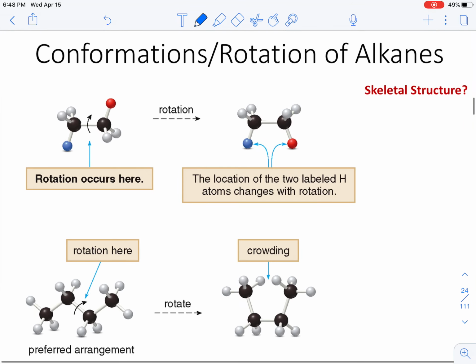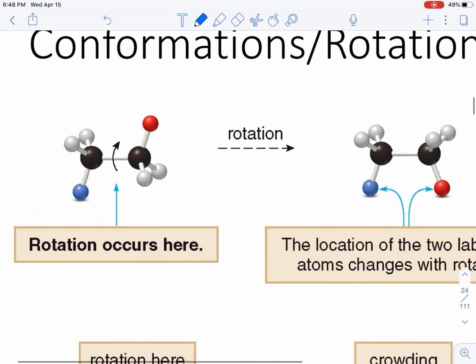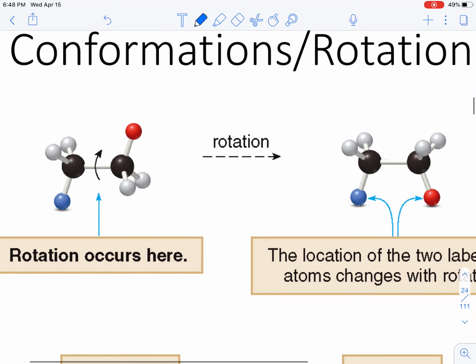So let's go ahead and talk about the conformations and the rotations of alkanes. I alluded to this in the previous video.